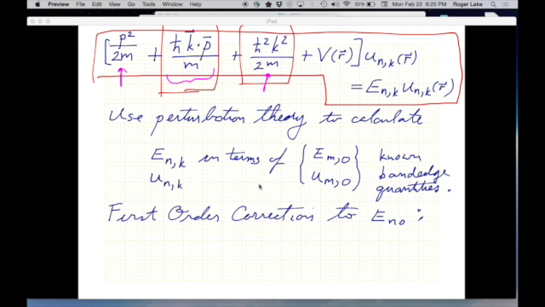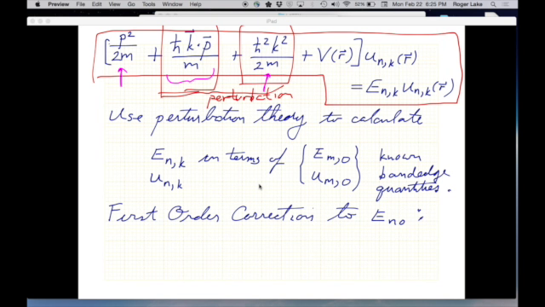So at k equals 0, this just looks like your normal old Schrodinger equation: p squared over 2m plus V acting on u equals E times u. It's your starting point. And then we're going to treat these terms with perturbation theory, to ask how things change as k starts to become non-zero. Because for small k, those are small perturbations, and so you can use perturbation theory.